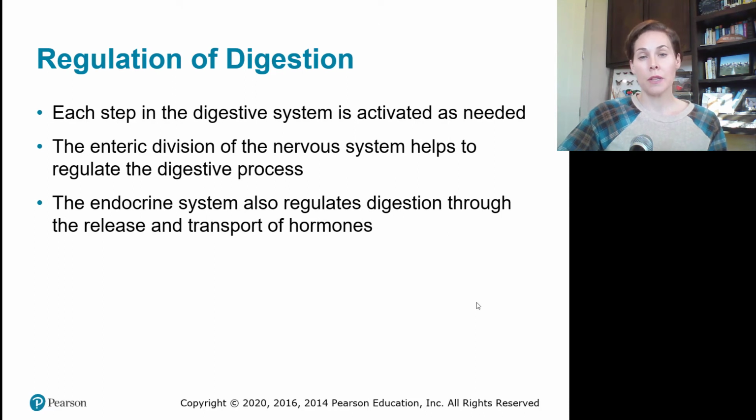So each step in the digestive system is activated as it's needed. You're not shoving out tons and tons of hydrochloric enzymes if you don't need them. If your stomach is empty, that would be very harmful. The enteric division of the nervous system helps to regulate these digestive processes. So our nervous system is what tells one part to turn off and one part to turn on.